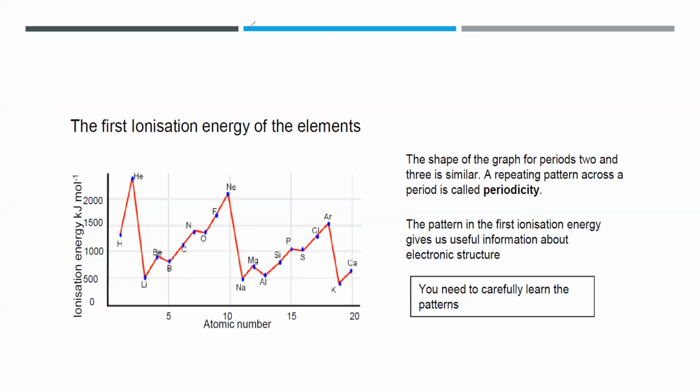You can understand with a simple concept. In the first period of the periodic table, we have hydrogen and helium. Hydrogen electronic configuration is 1s1, helium electronic configuration is 1s2. So it has a complete shell and it's closer to the nucleus. Helium contains 2 protons, so 2 protons are attracting electrons in the first shell, whereas in hydrogen 1 proton is attracting the electron in the first shell.